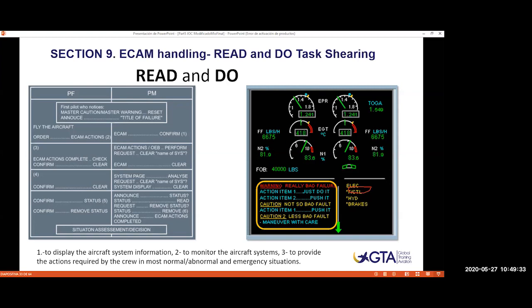To whom? To the pilot monitoring. And he has to read all of the things that we have here. When we have failures, the pilot monitoring has to read and do. Remember, read and do.